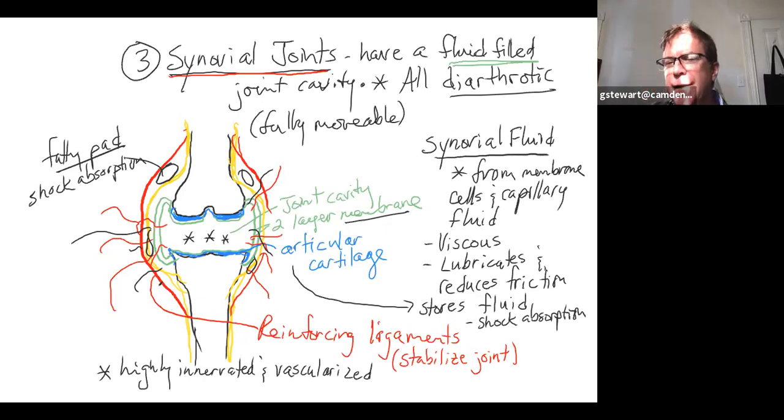And finally, some synovial joints, not all, have some sort of a disc inside of them to help with articulation, shock absorption, distribution of weight, distribution of fluid. The knee in particular has what's called a meniscus. So let me go to a new page here.